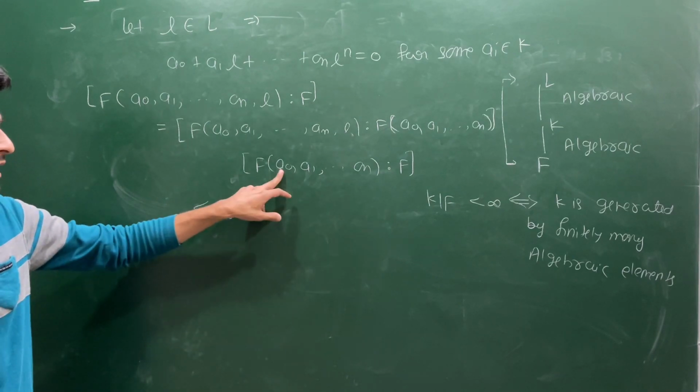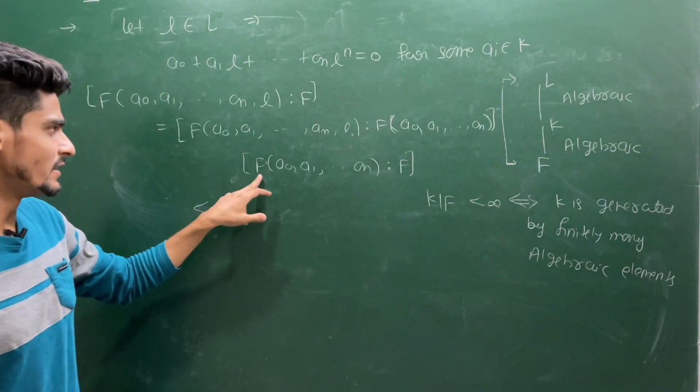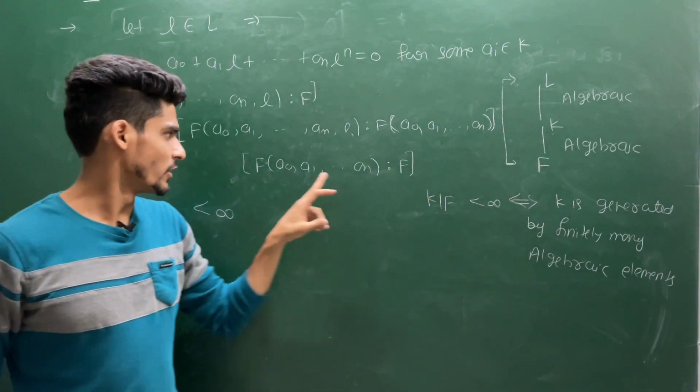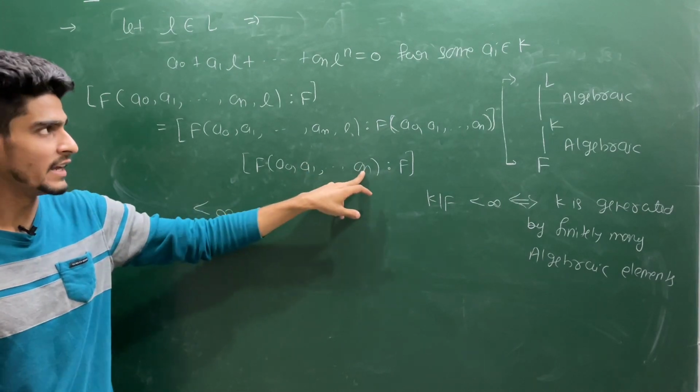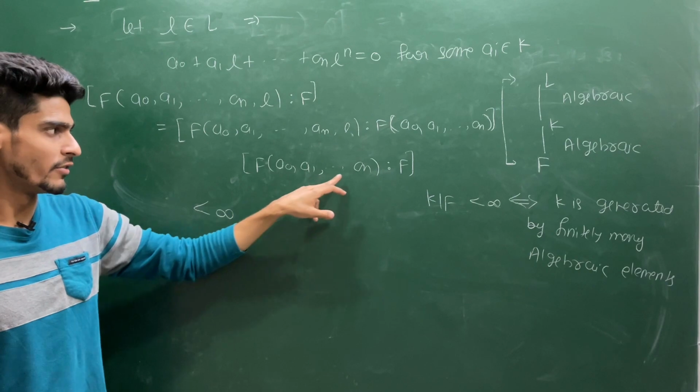Here you notice A0, A1, AN are coming from K, and this extension is actually a subfield of K, because K contains F and K contains A0, A1, AN. So K contains the field generated by A0, A1 up to AN.